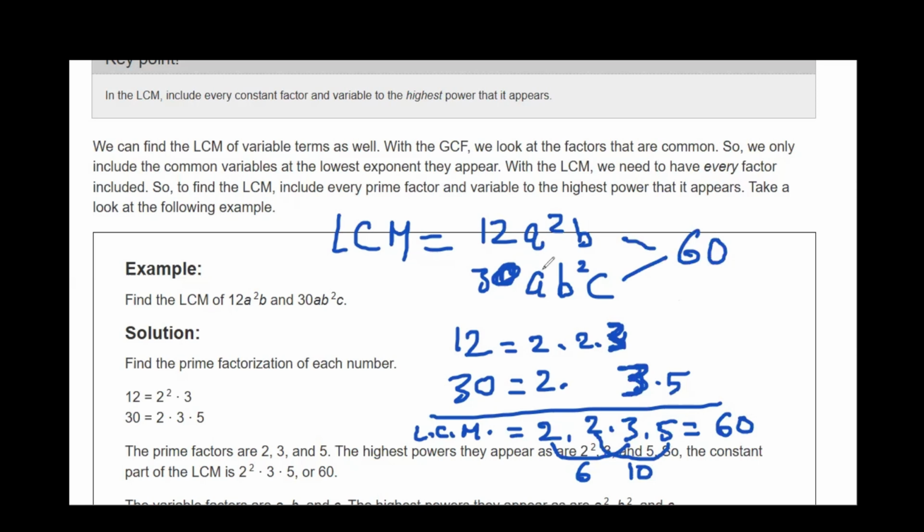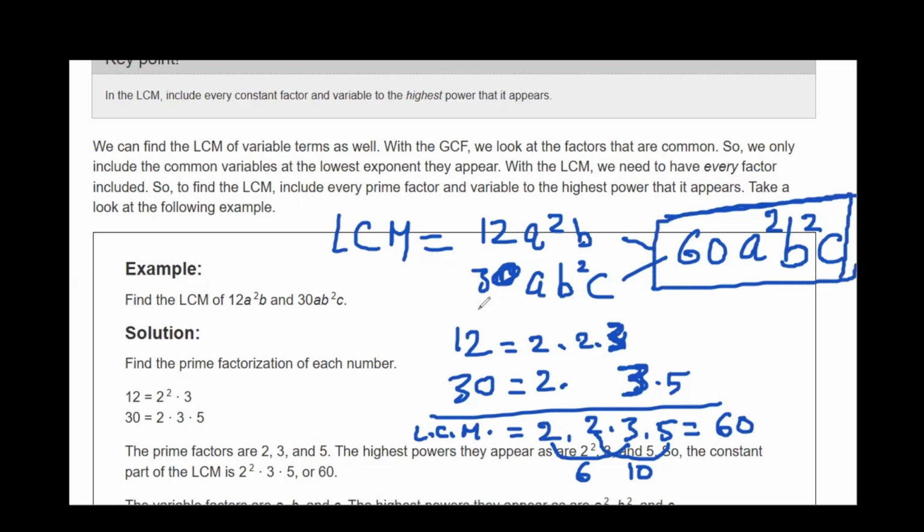So least common multiple is 60. And we take the greatest power of a: a power 2 and a power 1 is a power 2. Greatest power of b: b power 2 and b is b power 2. And greatest power of c? We don't have c here, but the least common multiple will have c.